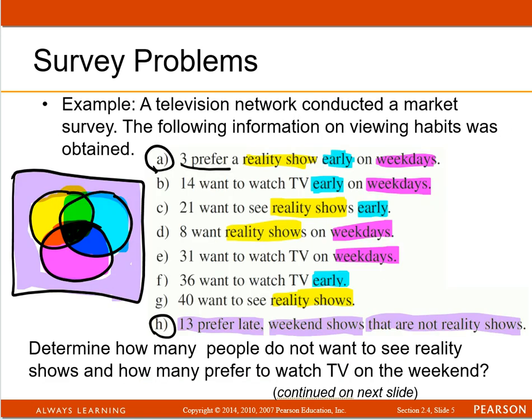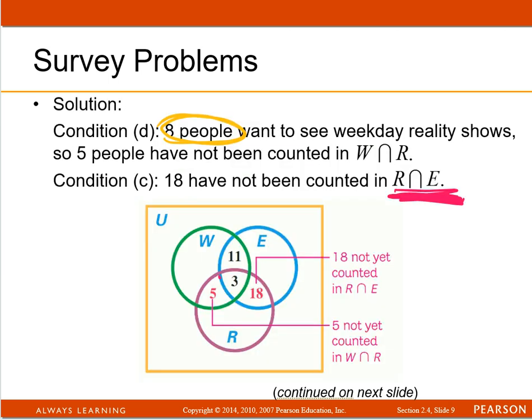C said 21 want to see reality shows early. 21 people altogether. Well, 21 minus 3 is the 18. That's where they got this 18 from. And again, you've got 3 here, so there's got to be 18 there. So that's how you would get the Pope hats.